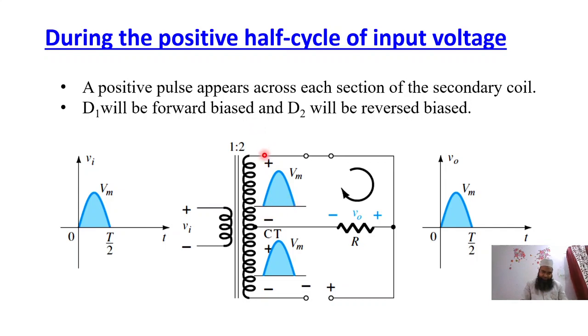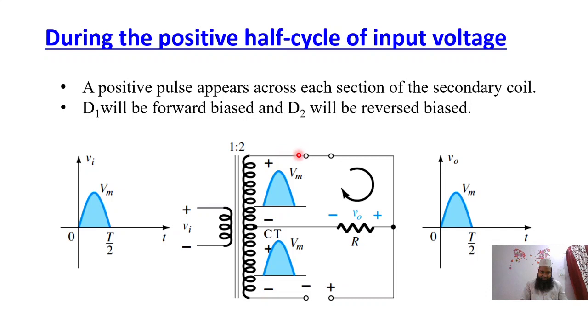This is one side of the secondary coil, this is the second side of the secondary coil. Due to the positive half cycle, we will get a positive pulse here and a positive pulse here.